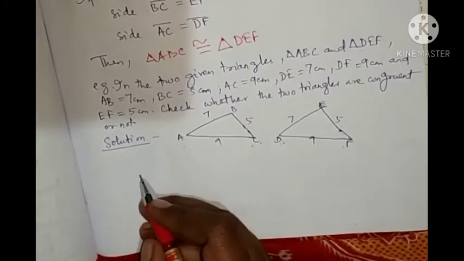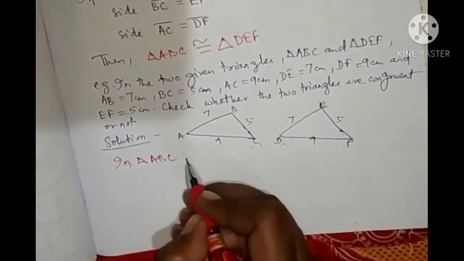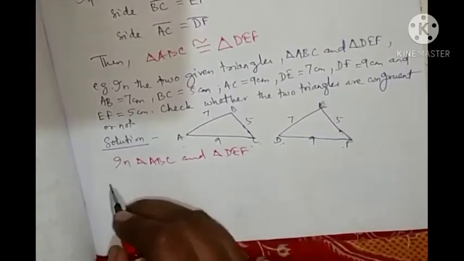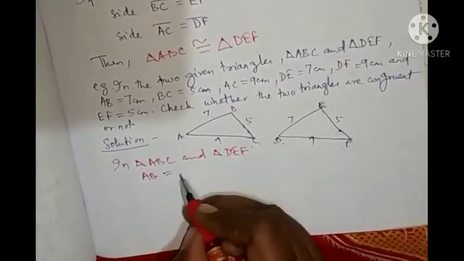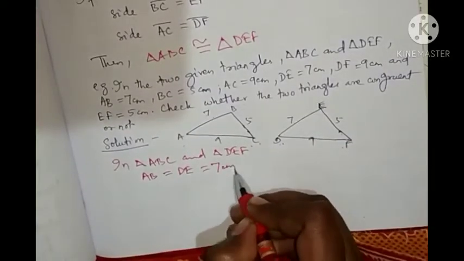In triangle ABC and triangle DEF, AB equals DE, because they have equal length, 7 cm.